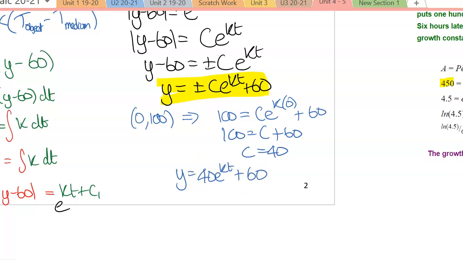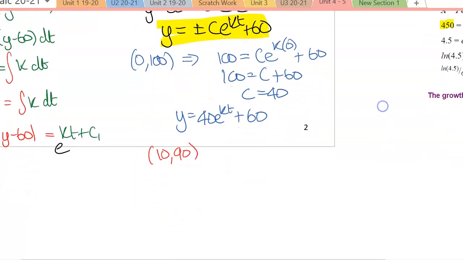Now we're going to use the other piece of information. After 10 minutes, we've got 90, which is going to help us find this k value right here, so we can solve for how long it takes to get to 80 degrees. So we've got 90 equals 40 times e to the k times 10, plus 60.